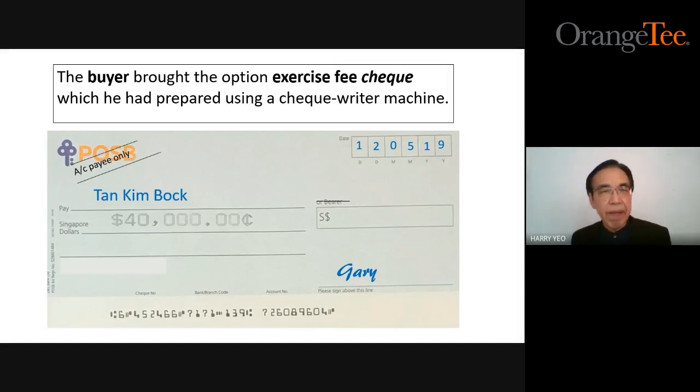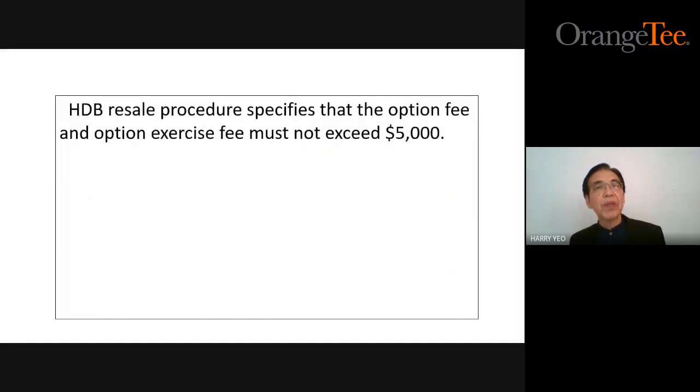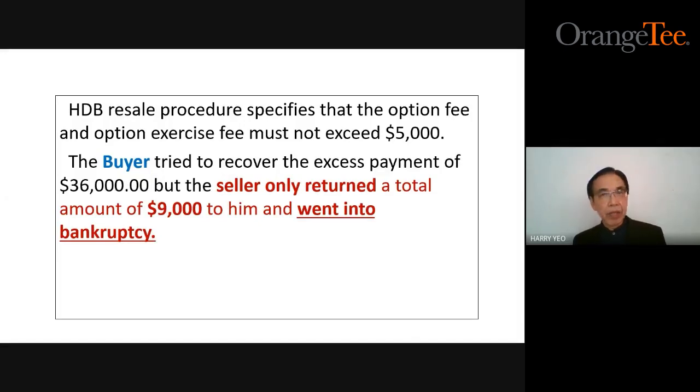The agent did not check the amount, as a result of which now Michael has breached HTB regulations. What do you mean? Under HTB regulation, maximum option fee is $1,000, maximum exercise fee is $4,000, making a total deposit of $5,000. Now we have $1,000 plus $40,000. That's $41,000, and that is way beyond the $5,000.